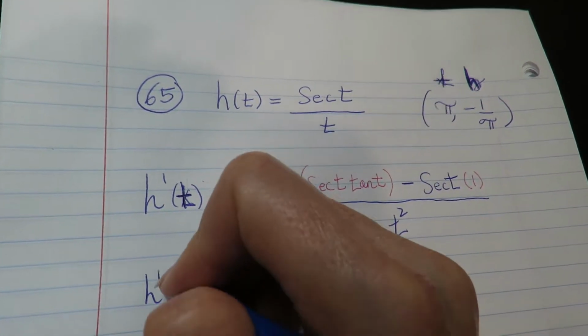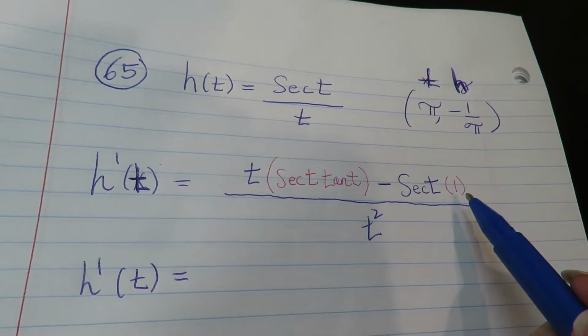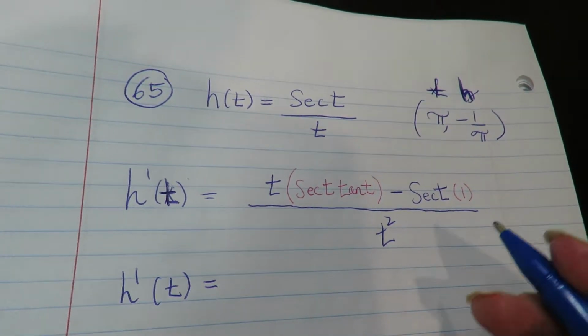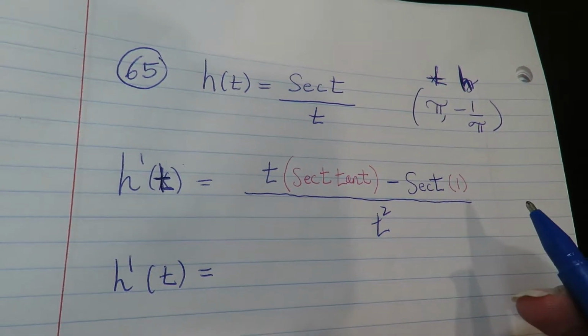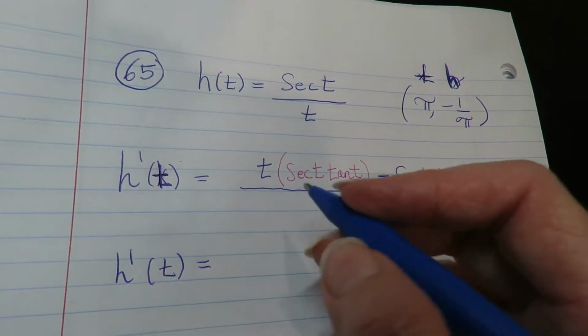All right, so this derivative is complete. Now I'm just deciding if I want to do anything to it, and glancing at it, I want to pull out the common factor of a secant.